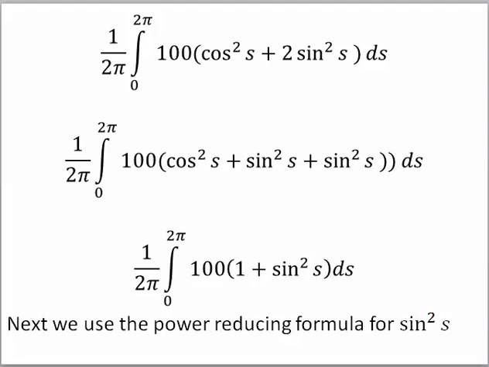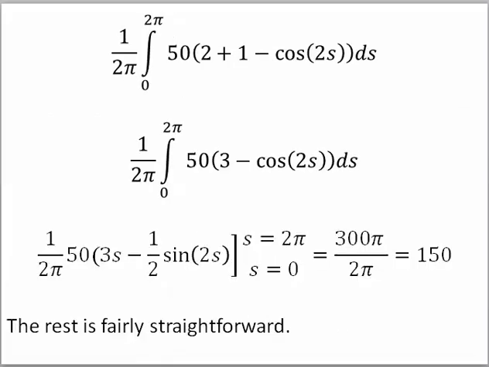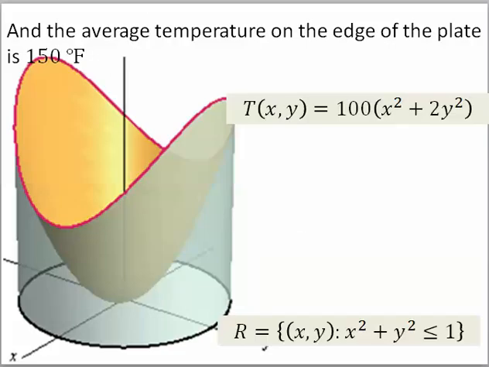Next, we use the power reducing formula for sine squared. After we use the power reducing formula, we distribute a factor of 2 into the parentheses. Clean up the integrand, and then go ahead and integrate and evaluate. So the average temperature on the edge of the plate is 150 degrees.